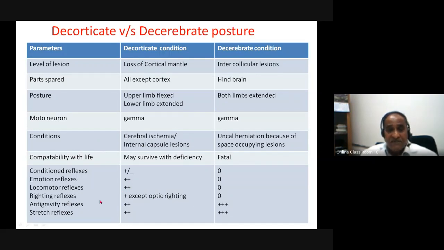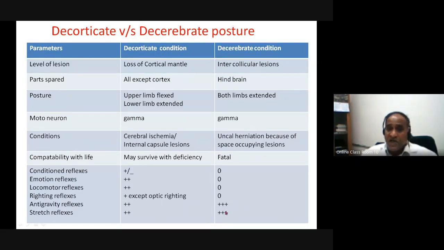The righting reflexes, excepting the optic or visual righting reflexes, all remain intact in decorticate. In decerebrate preparations, all the righting reflexes are lost. The anti-gravity muscle reflexes are exaggerated in decorticate preparations, and in decerebrate preparations they are exaggerated more than in decorticate.